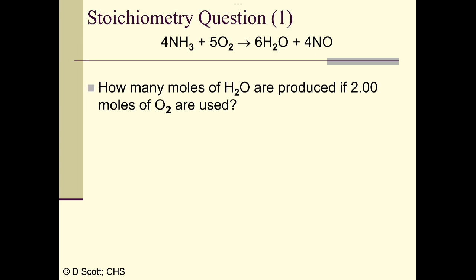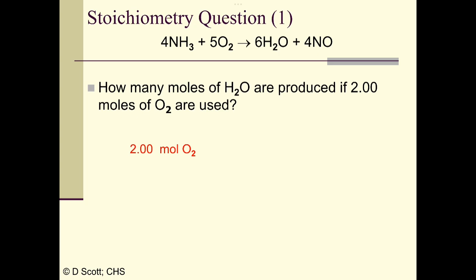Now, let's try to apply this equation to a problem. For example, how many moles of water are produced if 2 moles of O2 are used? So the first thing you're going to do is write the given.